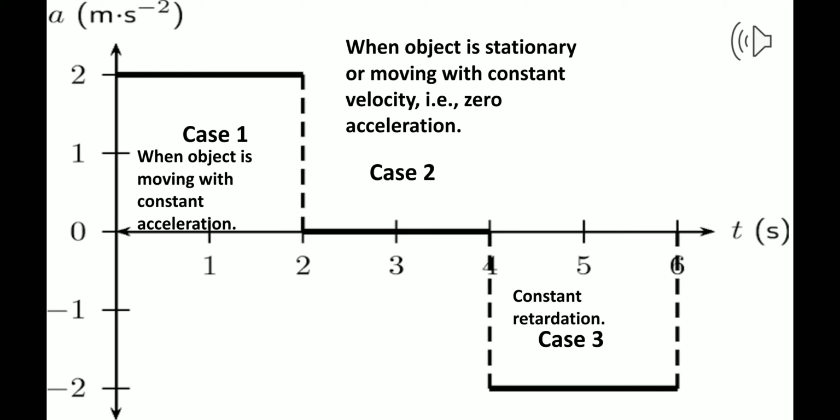Case 2, when the object is stationary or moving with constant velocity, we will have zero acceleration, shown by the straight line on the x-axis itself. And the third case is constant retardation, that is, constant negative acceleration.